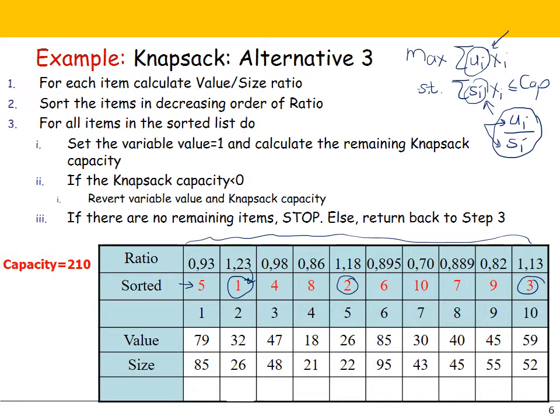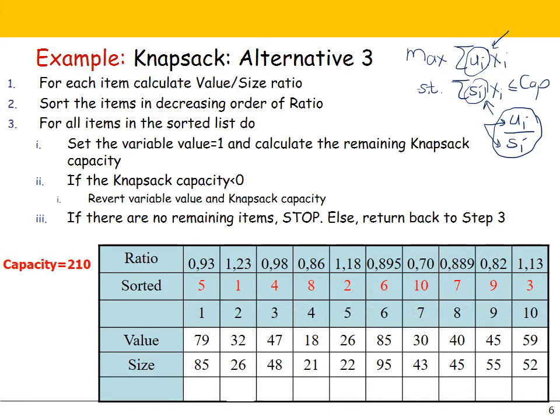Then in step 3 of the algorithm, the rest of the algorithm is exactly the same as the first alternative. Starting from the first item, you try to fill this item into your knapsack. So you make the associated decision variable equal to 1. Let me clear this part here.